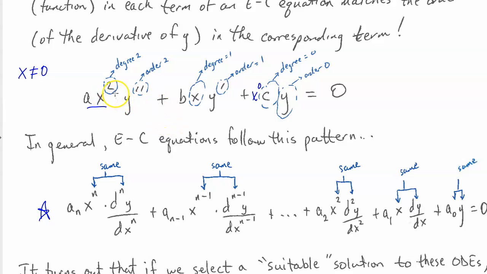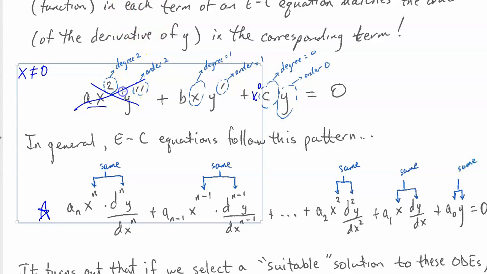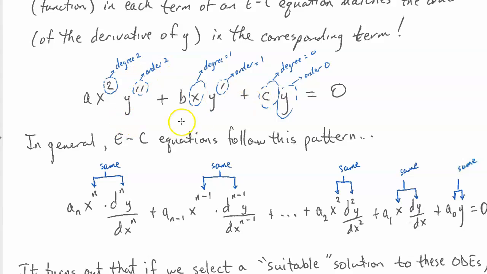And that's very important to know here, because if we allowed x to equal 0, then this whole term here would go away, and we would no longer have a second order linear equation anymore. So one of the conditions for this equation to be in the classification that it is that x can never be equal to 0. All right, so anyway, if we go ahead and divide everything by x squared on both sides of this equation here, what we're going to end up with is something that looks like this.